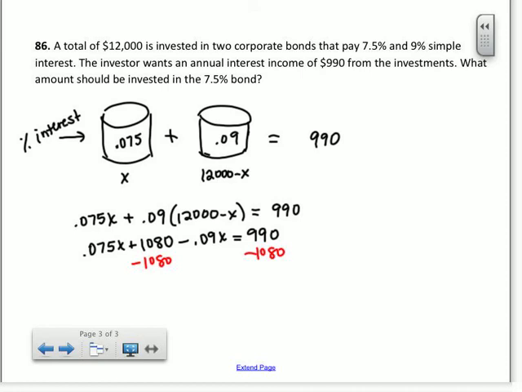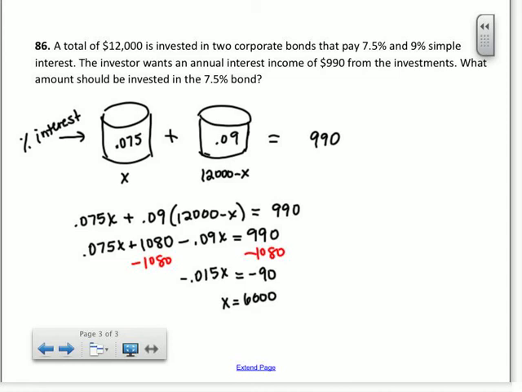So you get negative 90. You do 0.075 minus 0.09. You get negative 0.015x. Do negative 90 divided by that answer, and you get x is equal to 6,000.